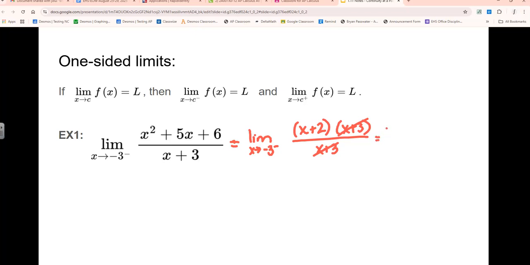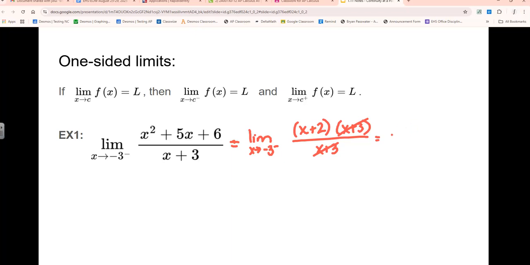Then I have a discontinuity. There is a hole. Right now, it's just asking me for the limit, so it's not asking me for continuity yet. So it is okay if I go ahead and continue here.